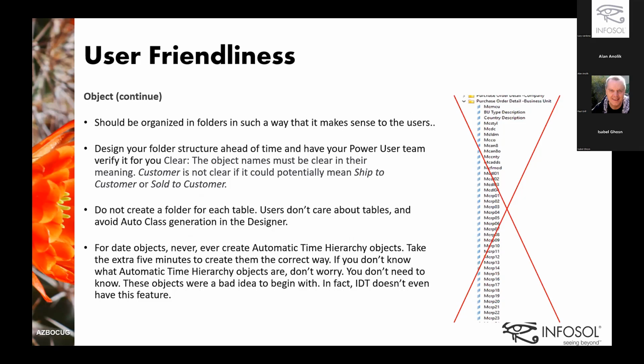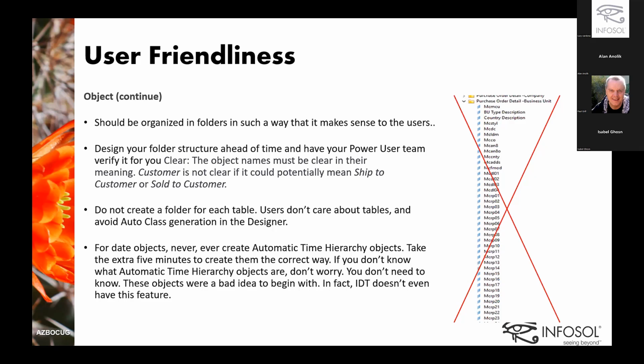All right, so here's an example. The image on the right is showing what you shouldn't do. If you have tables from a database, the users don't care about tables. Just because you have a bunch of tables in a database doesn't mean all those tables have to be translated to folders in a universe.